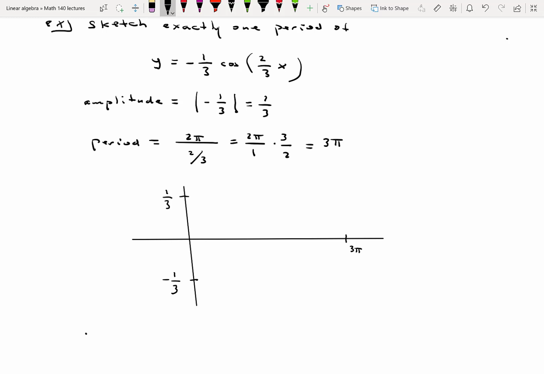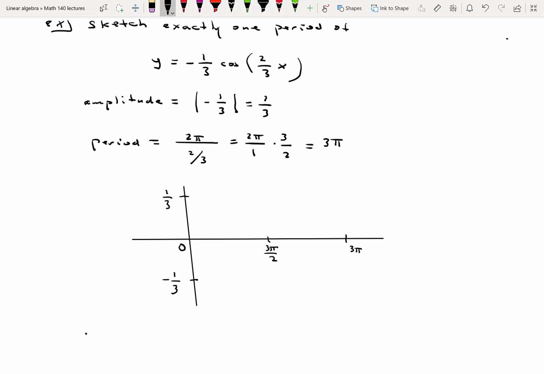Okay, so the starting point is 0 for this section. When we take a look at section 2.8 in a few minutes, our starting point's going to move around either to the right or to the left. We'll cross that bridge in a minute. So I want to mark off some other points. In particular, I want to mark off the midpoint of one period. So we take 1/2 of 3 pi, which would be 3 pi over 2.